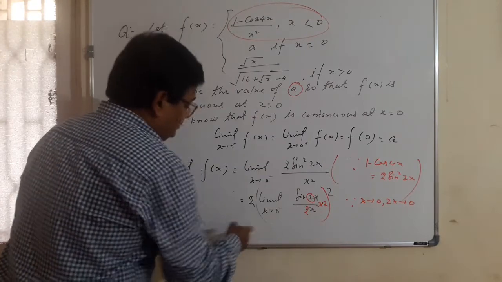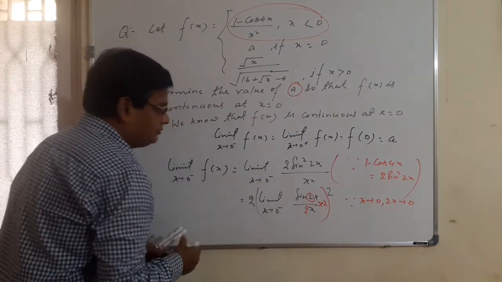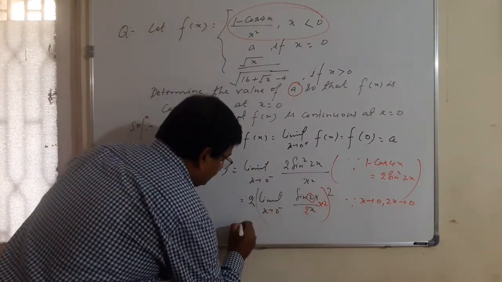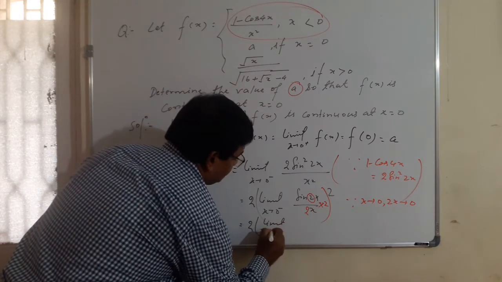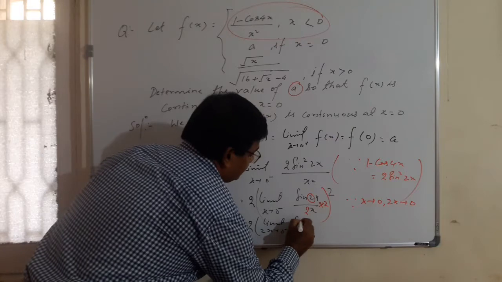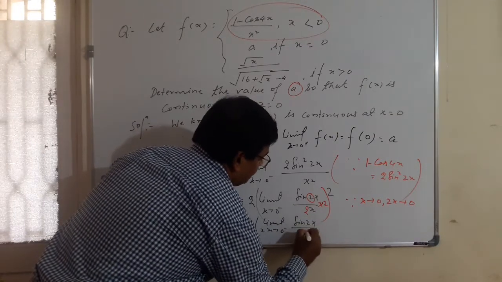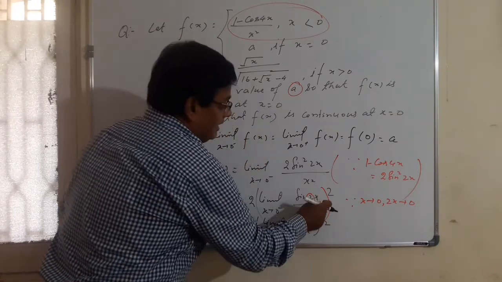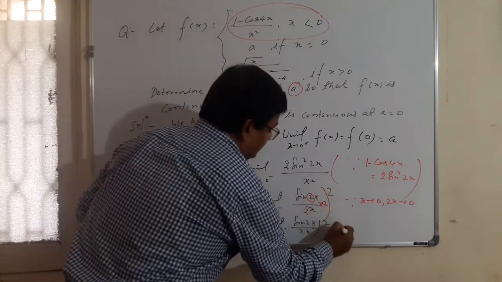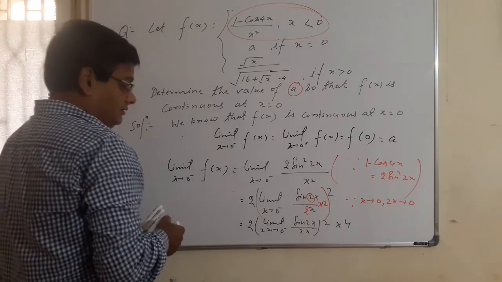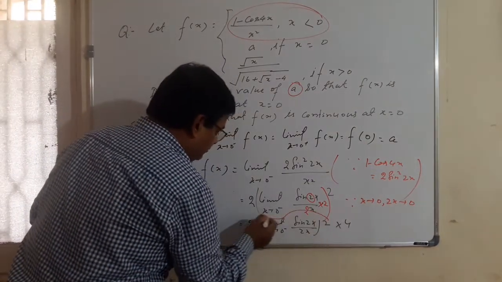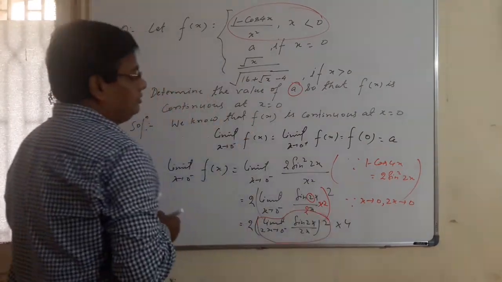So it means this one is equal to limit 2x tends to 0 minus, (sin 2x by 2x) whole square, and this 2 square becomes here 4. Now this complete value is 1.